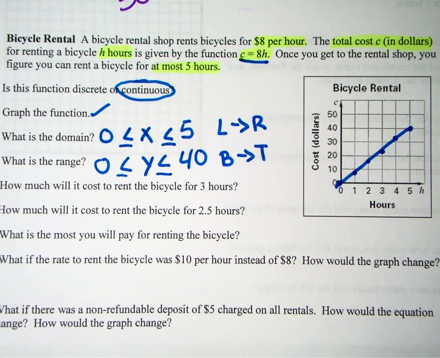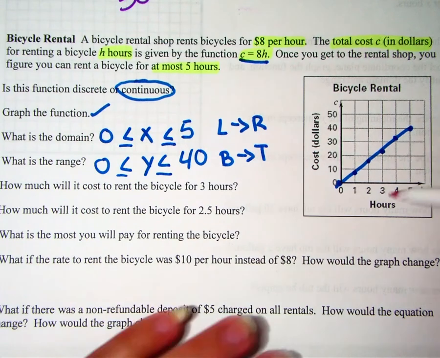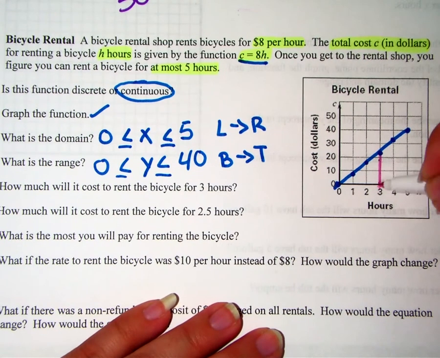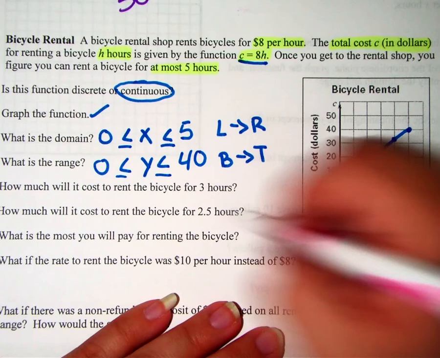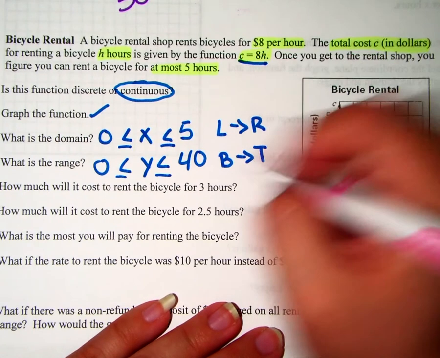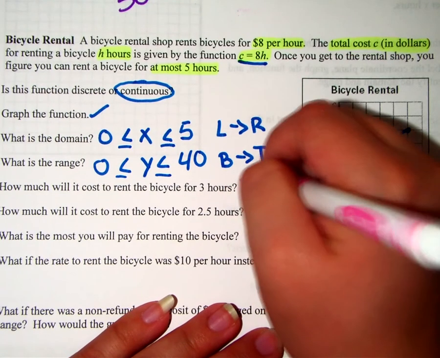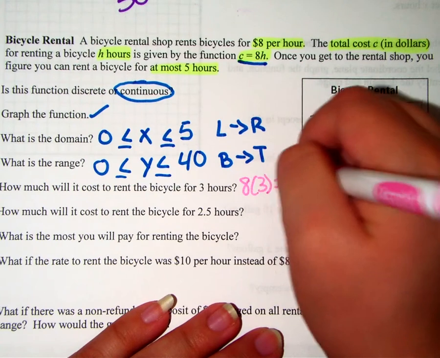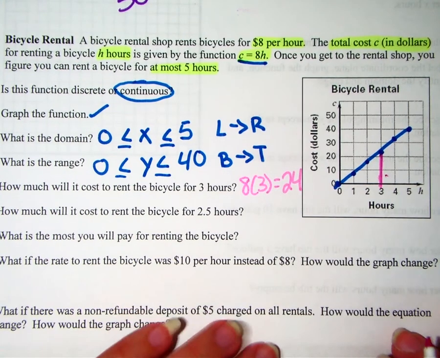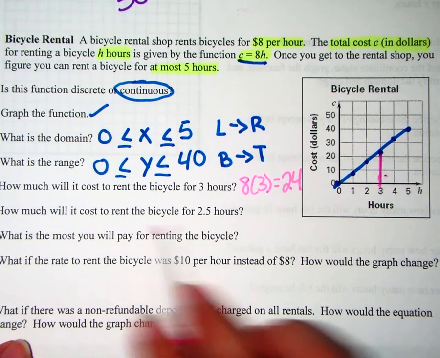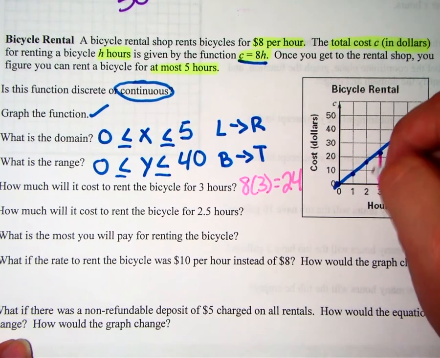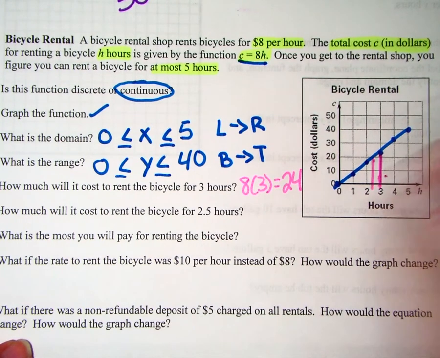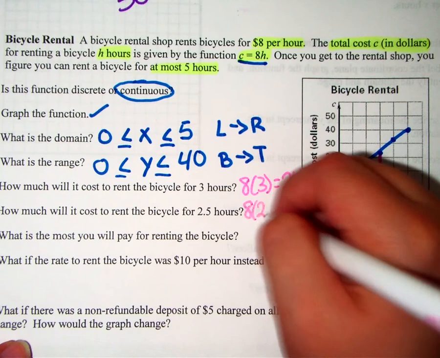So how much will it cost to rent a bike for 3 hours? I can do one of two things. I can either go to my graph and see where it crosses, or I can plug it into that equation and get what? Good. Now, if I want to rent the bike for 2.5 hours, I can do the same thing. I can either go up at half, or I can plug it into that equation.